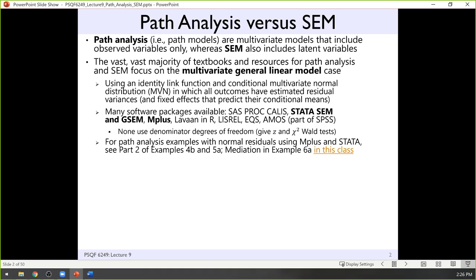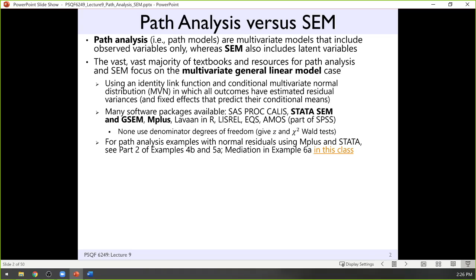I teach path modeling as part of an earlier course because it really has nothing to do with SEM. It uses the same software, but the modeling and the logic of it is an observed variable technique. There's a lot of confusion about what kind of variables you can use in path models, and part of this is due to differences in what was available in software.